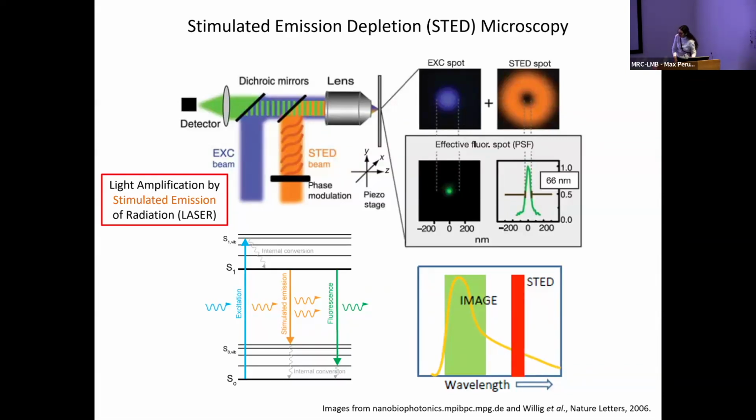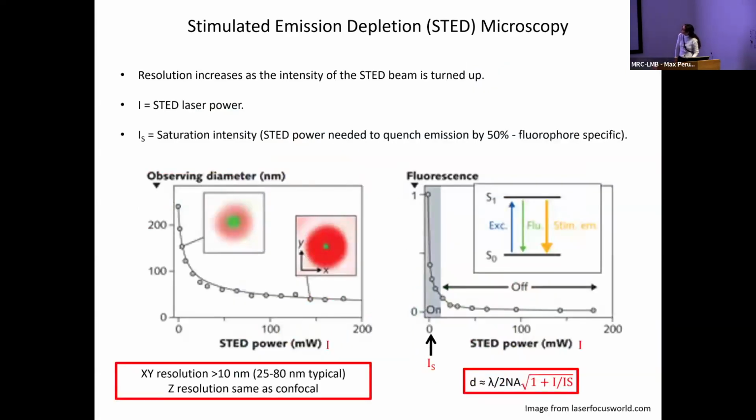And with this technique, the PSF is not as wide as it is by default, and you can reach a resolution down to 20 nanometers. But this process is also dependent on the intensity of the donut.